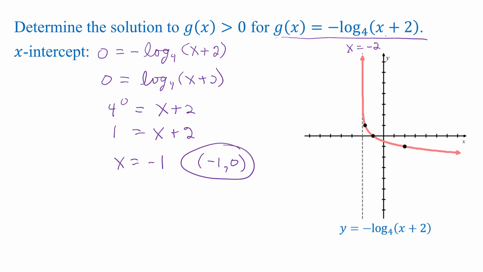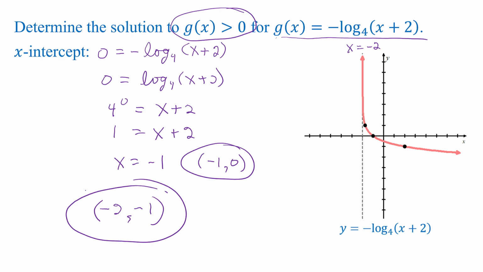So I'm seeing that my graph, where my graph is above the x-axis, which is going to be where g of x is greater than 0, starts to the right of x equals negative 2. So from negative 2 to where we touch that x-axis at the x-intercept of negative 1, not including negative 1, this is where my graph is going to be above the x-axis. This is also where g of x is greater than 0. So the solution here to this inequality is negative 2 to negative 1.